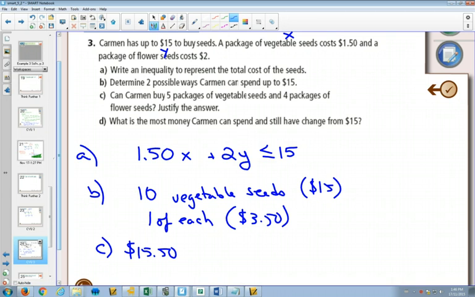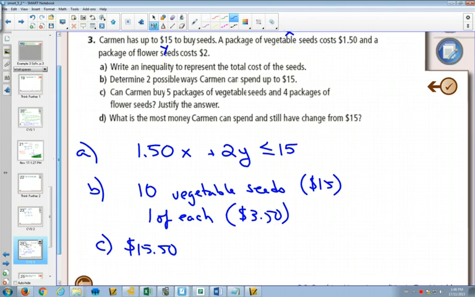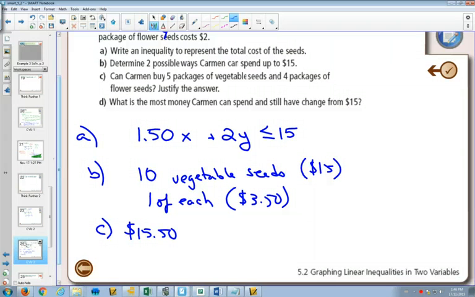What is the most money she can spend and still have change? Could she spend $14.50? Is that possible? How would she spend $14.50?